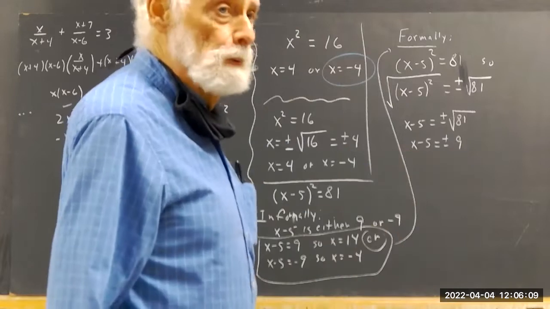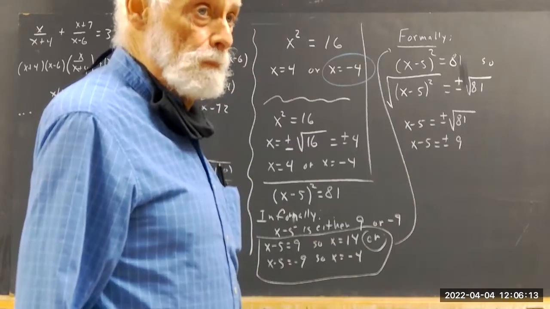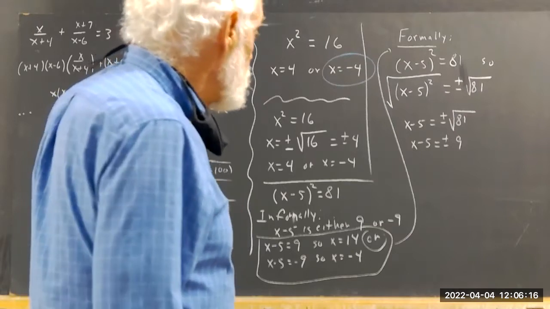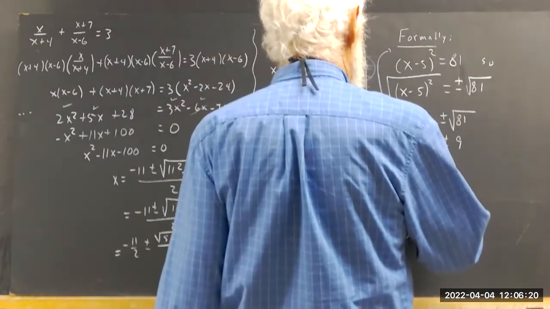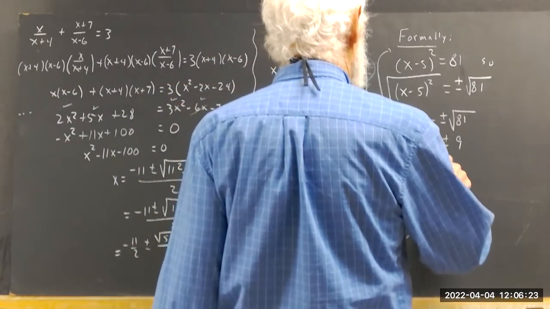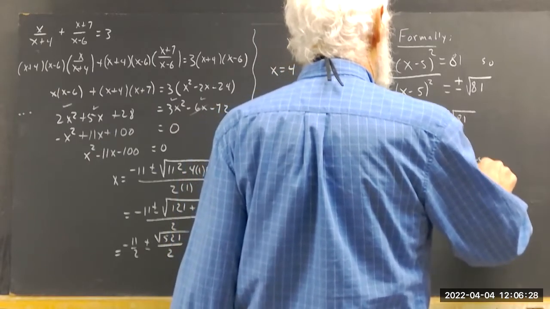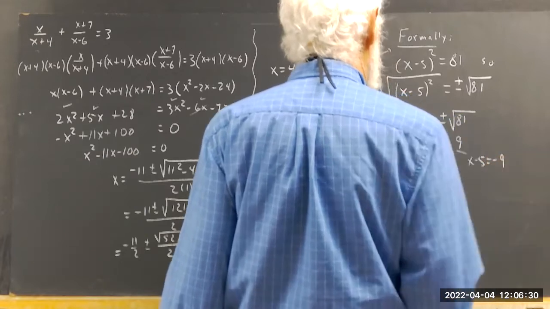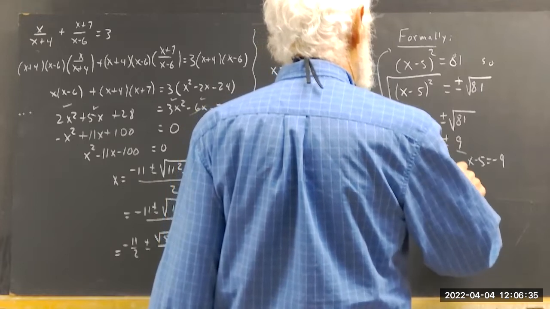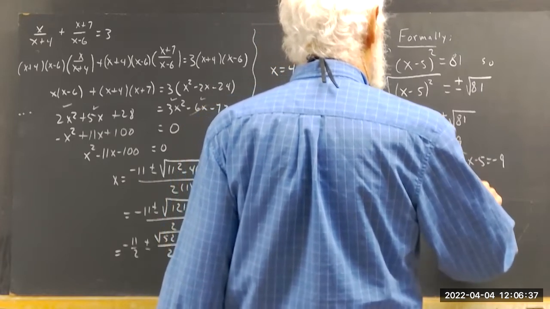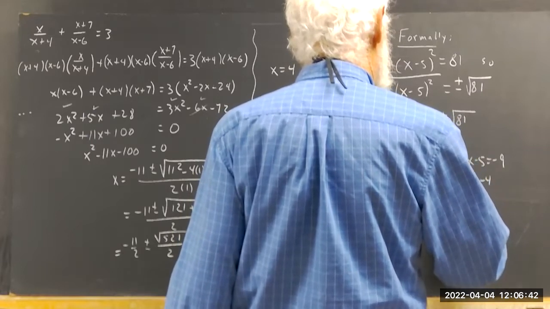So x minus 5 is plus or minus 9. And that gives us 2 possible equations. X minus 5 is 9 or x minus 5 is -9. So x is 14 or x is -4.